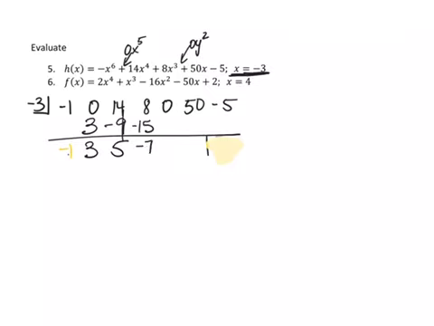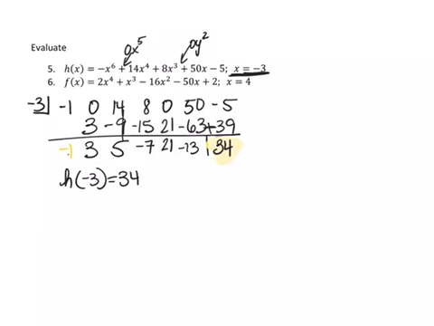Add -7. -7 times -3, positive 21. Add to get 21. 21 times -3 is -63. Add to get -13. -13 times -3 is positive 39. And -5 plus 39 is 34. So h of -3, the function h when I plug in -3, equals 34.